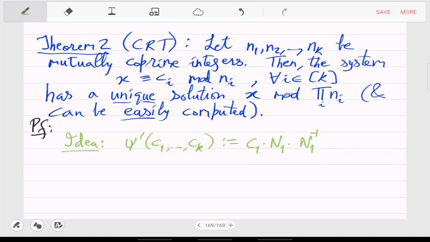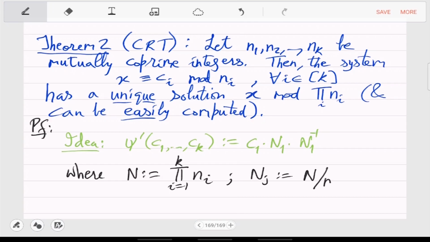Where Ni I will take to be the product. Actually, I have to define many things. Let's take big N to be the product of everything, and Nj to be this. Okay, so big N is the product of all the numbers, and big N sub j is all the numbers except the jth one.